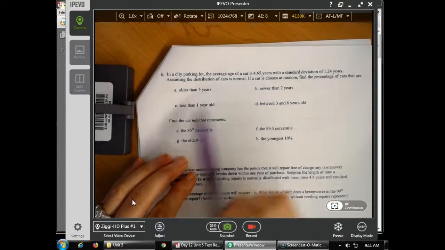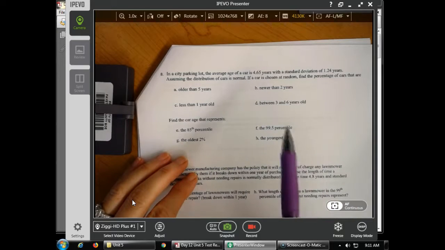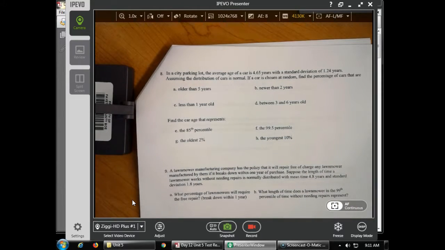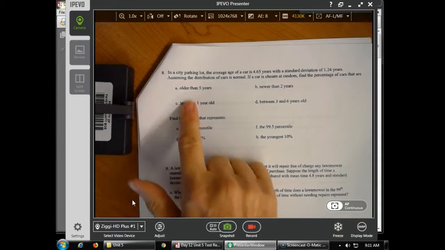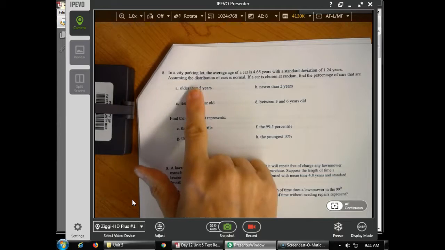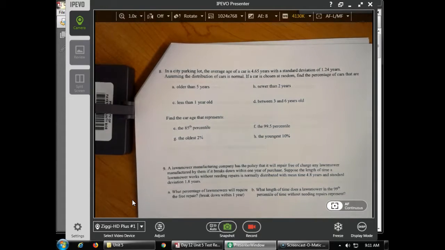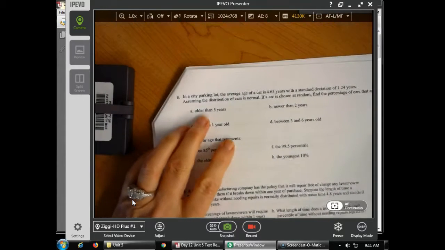Well, do you see that it doesn't say empirical rule here? If it doesn't say empirical rule, then don't waste your time filling out one of the curves and doing the mean, 1, 2, and 3 above, 1, 2, and 3 below, because you're not going to be able to use it. These don't fall right 1, 2, or 3 above, or 1, 2, or 3 below. So we're going to have to actually compute the z-scores.